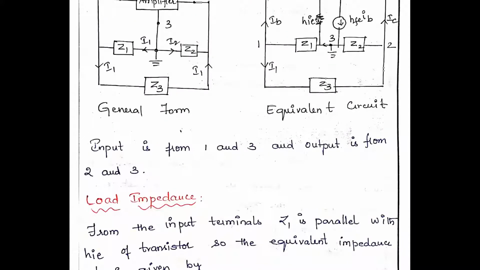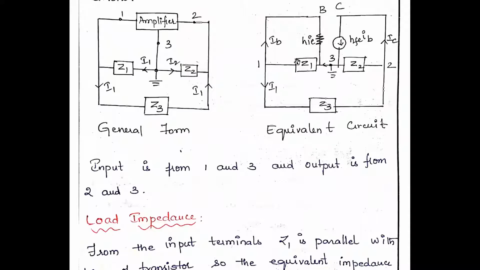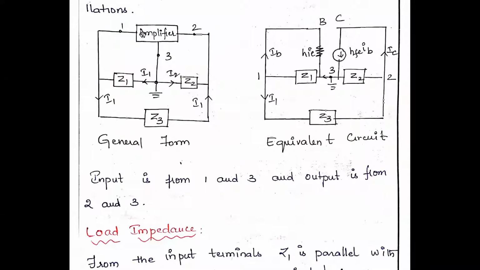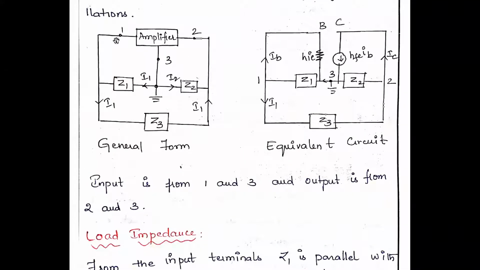Then we can observe that the amplifier input is between 1 and 3, output is between 2 and 3. Now coming to the right side circuit, the impedances between 2 and 3: we have Z2 in this path, and in this path we have Z3 in series with Z dash.